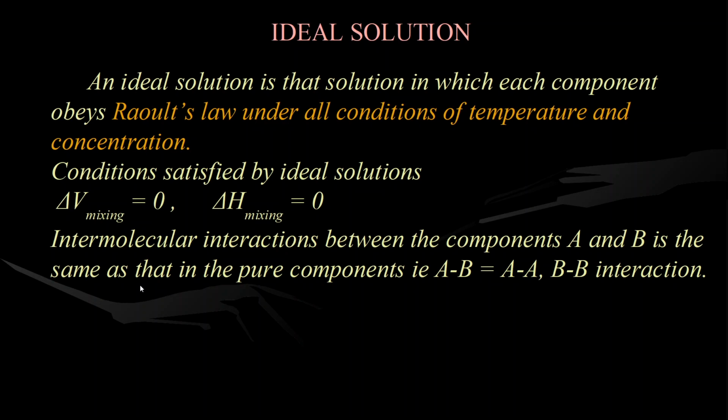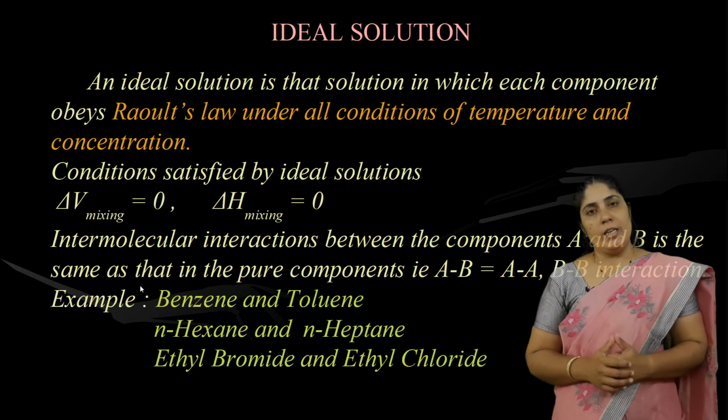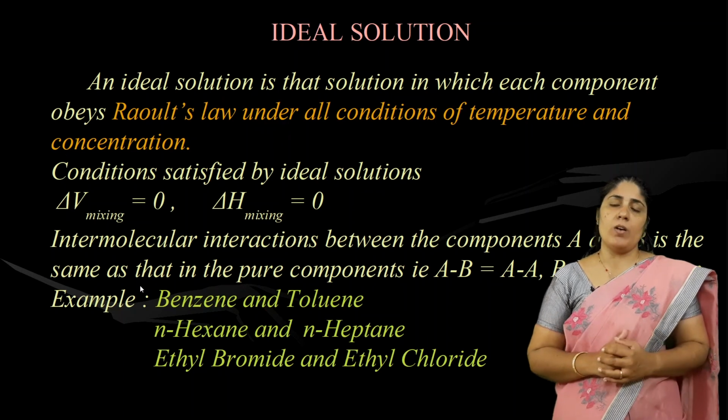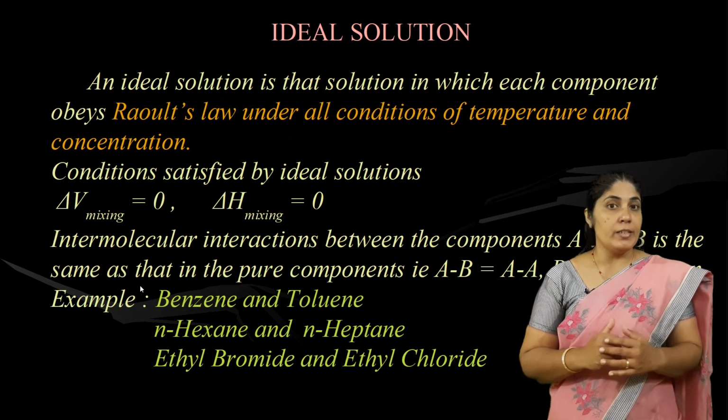So that means we have got in total three conditions to be satisfied for the solution to be called an ideal solution. First one, delta V mixing is equal to 0, delta H mixing is equal to 0. And then the condition that the AA interaction and BB interaction is equal to the AB intermolecular interactions. So, all solutions obeying Raoult's law are considered ideal solutions.